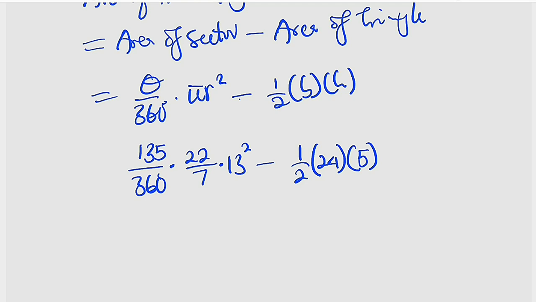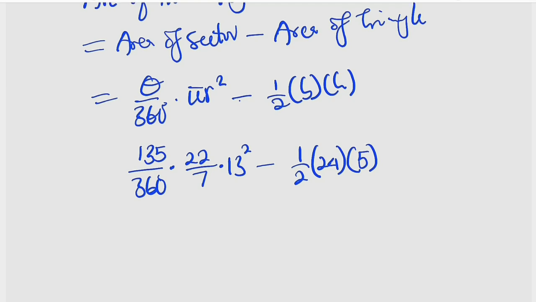So let me take my calculator. Let me start from the left hand side. We have 135 multiplied by 22, that is 2,970. Then we multiply that by 13 times 13. Altogether we have 501,930.